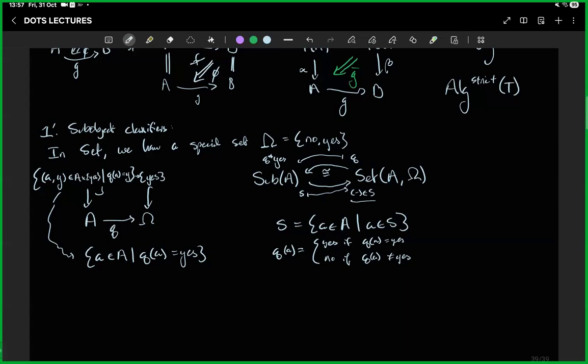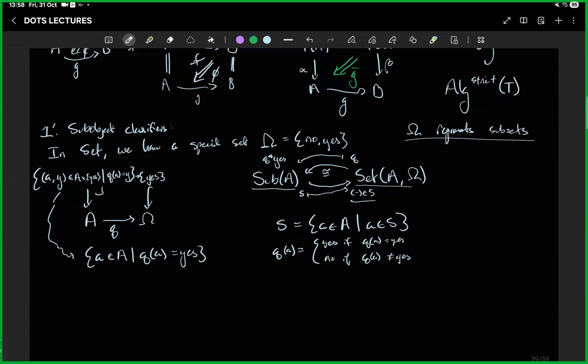Okay. So we have this way of taking subsets of A and turning them into functions from A to omega. So in other words, we can say that omega represents subsets.